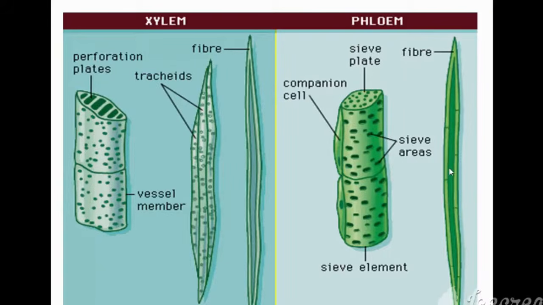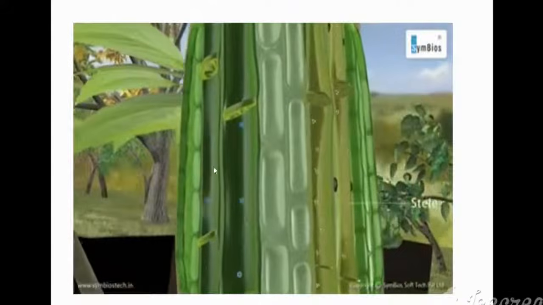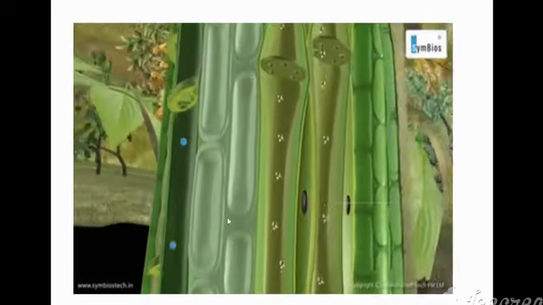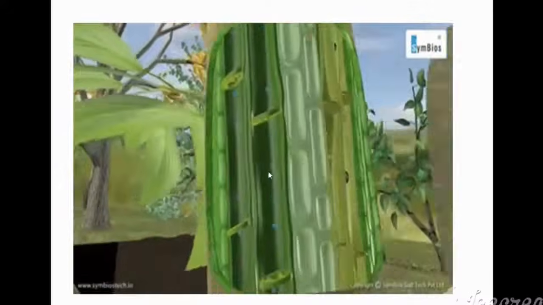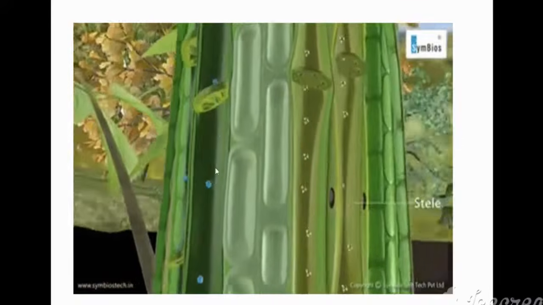And now let us see a visual on xylem and phloem, how both of them are present together. In between there is a separation called cambium. Observe this. See, this is a stem. Inside, this is xylem, this is phloem, guys, and this thing is cambium. The dark green one is xylem, where you can see water flowing in only one direction.